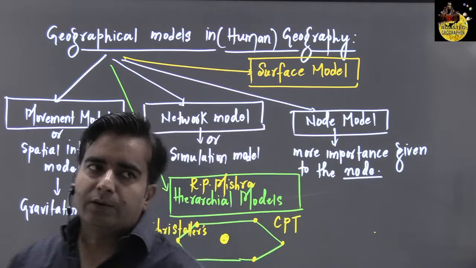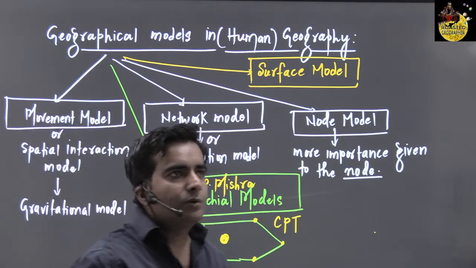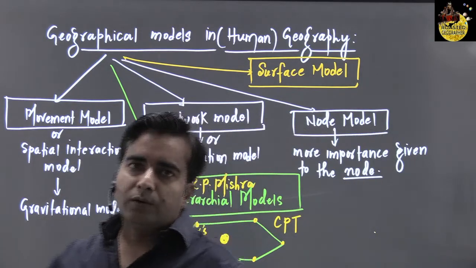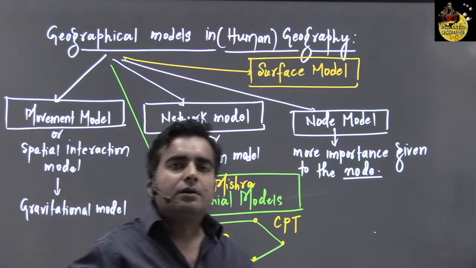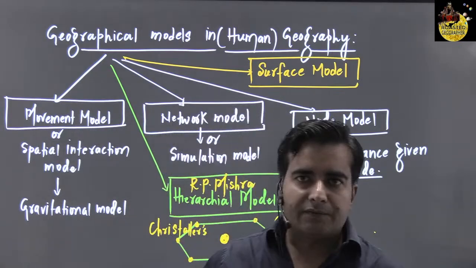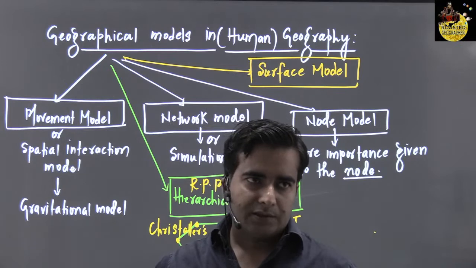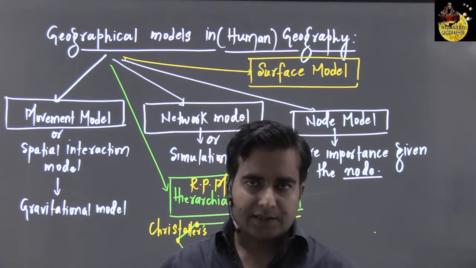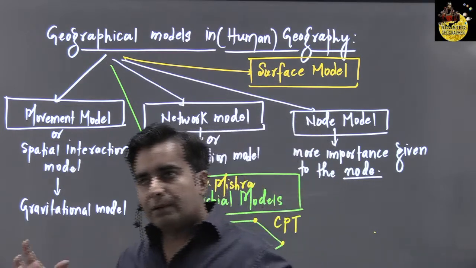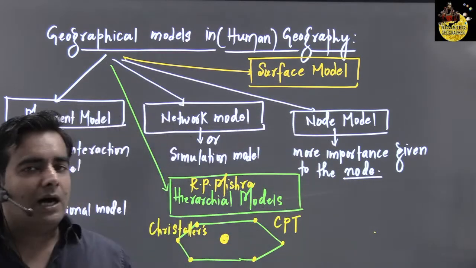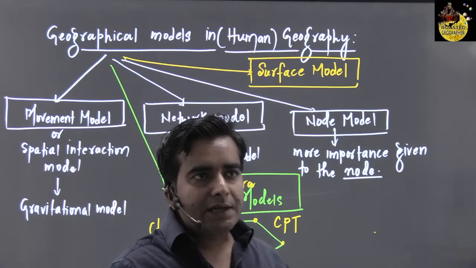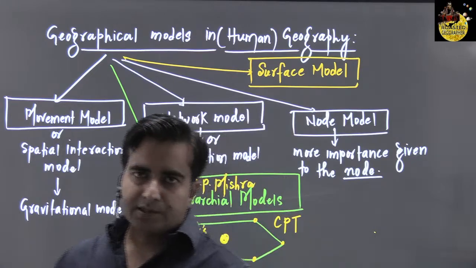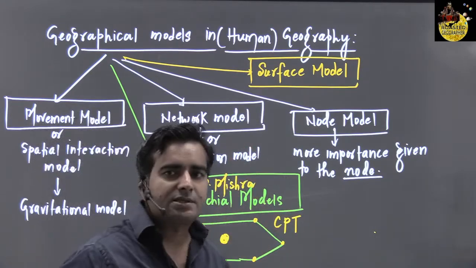When you try to develop a model where to place an industry, okay, if you want to create some recreational facilities, there are certain places. ठीक है, अभी मॉल के ऊपर पार्क बनाएंगे और सब पब्लिक को बुलाएंगे, ऐसा नहीं कर सकते. Okay, so how the man and the environment are interacting and what is possible and what is not possible, all those kind of modelings, okay, will come under the surface model.